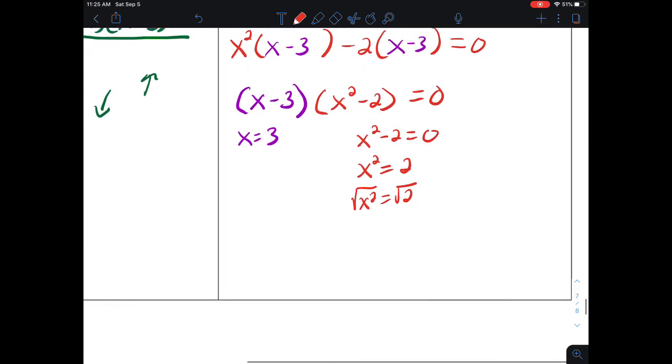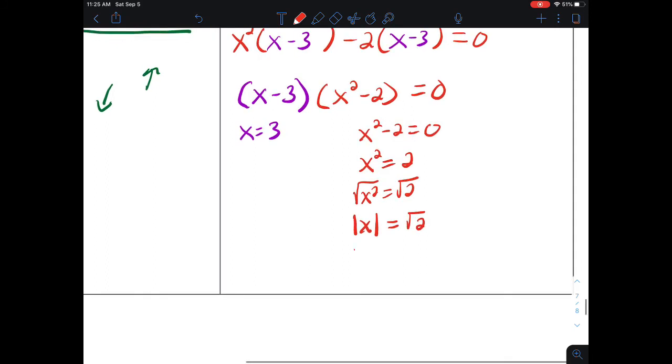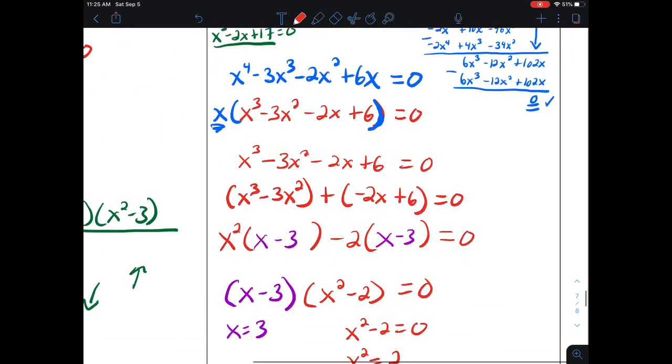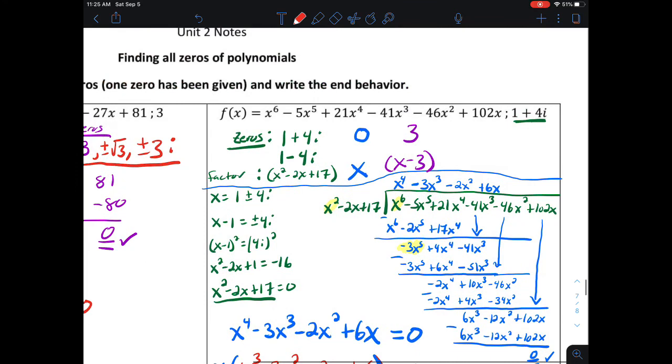The square root of x squared makes the absolute value of x equal to the square root of 2, which gives me x equals positive or negative square root of 2. So my final 2 zeros are the positive and negative square root of 2, which were created by the factor of x squared minus 2.